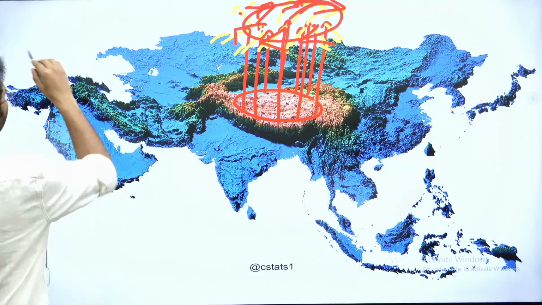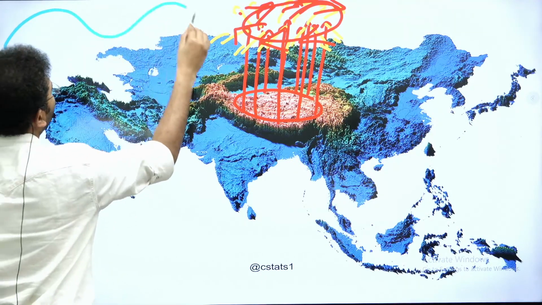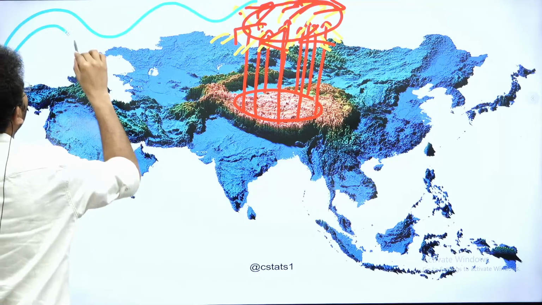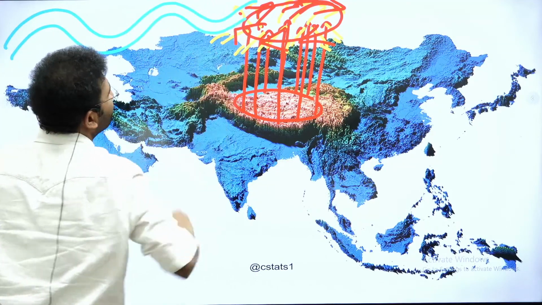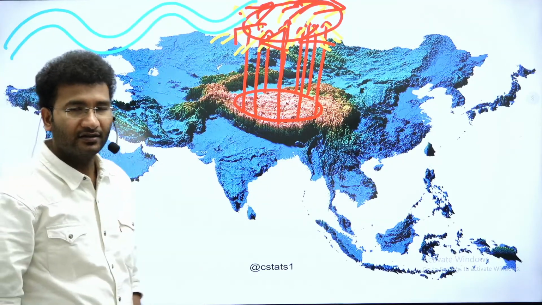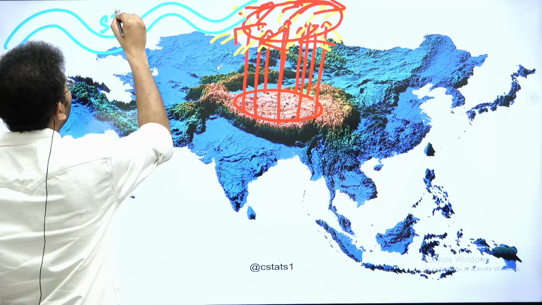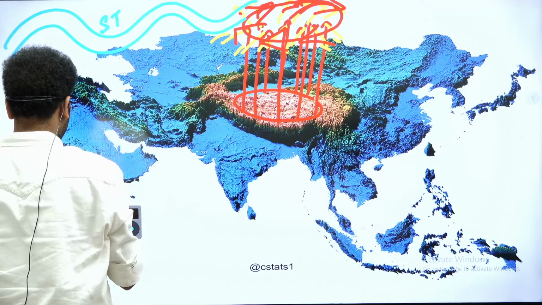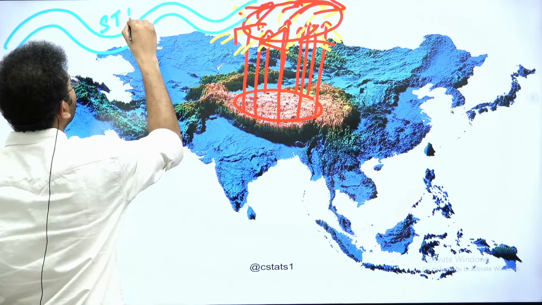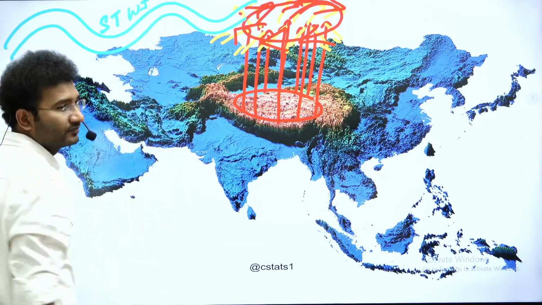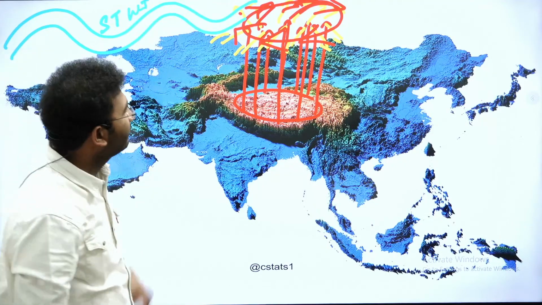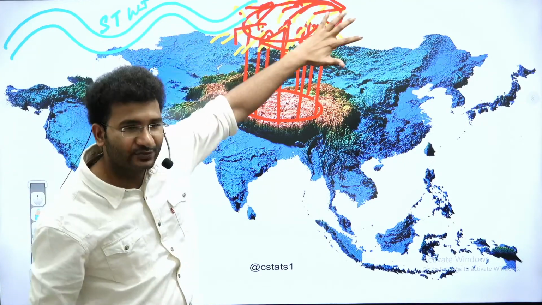The jet stream moves at a height of 8 to 10 kilometers above the sea level. Right? What is the name of this jet stream? Subtropical westerly jet stream. This jet stream comes and interacts with this system.